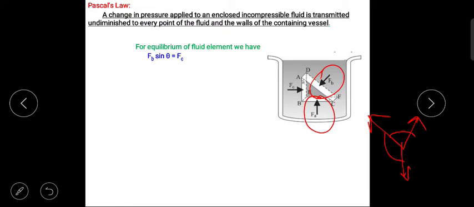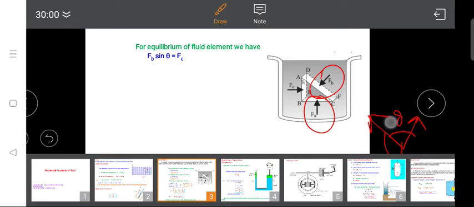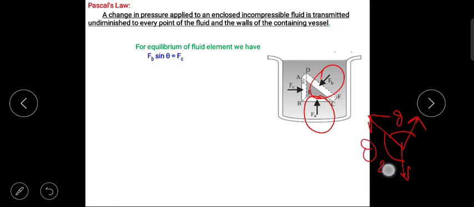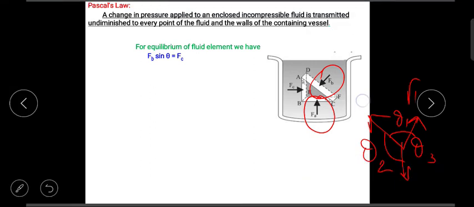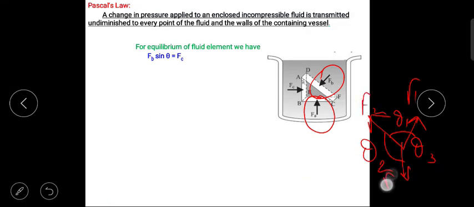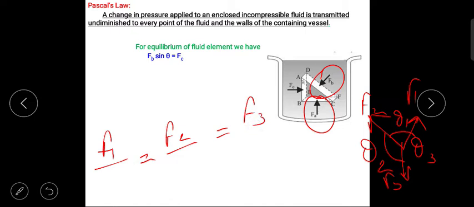I told you in mechanics that this one is theta 1, this one is theta 2, this one is theta 3, with force F1, force F2, and force F3. So F1 by sine of the opposite angle will be equal to F2 by sine of its opposite angle will be equal to F3 by sine of its opposite angle. If I am taking F1, the angle opposite to that is sine theta 2.